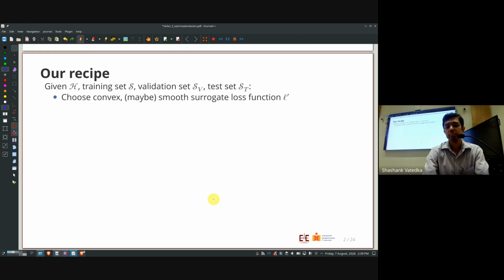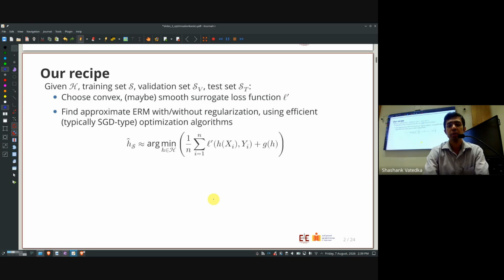So the first task is, let's suppose that we have a classification problem with 0-1 loss. We typically choose a convex or at least some smooth surrogate loss function L', and you do regularized ERM on this surrogate loss function.